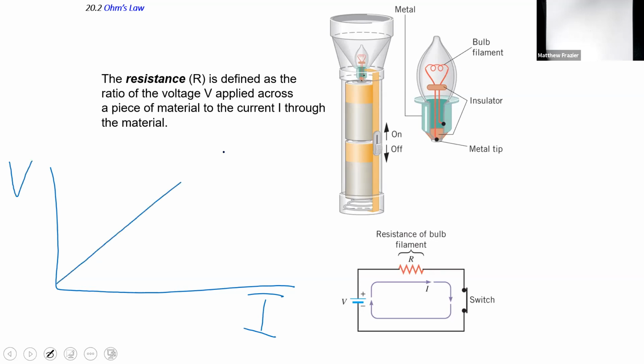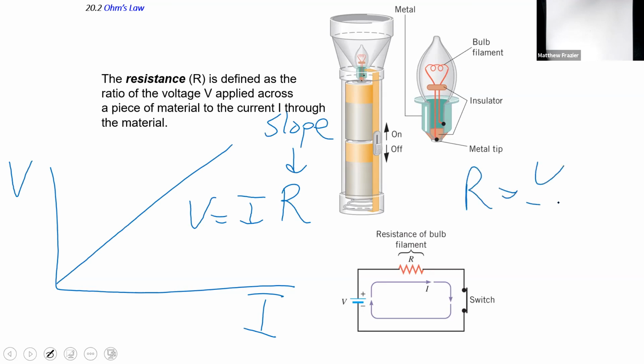And what you get is some nice function with a slope R. And that's our resistance. And we generally write it as R is V over I.